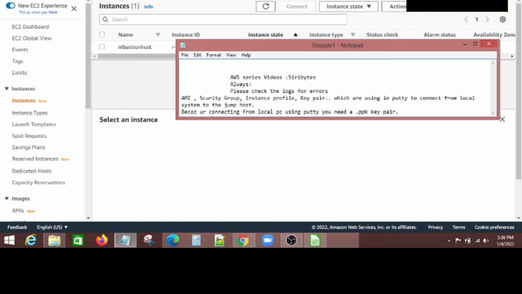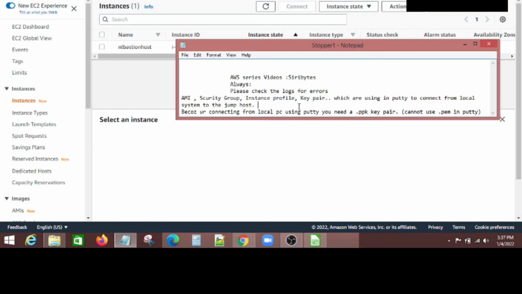You cannot use a .pem file in PuTTY. So the PPK.